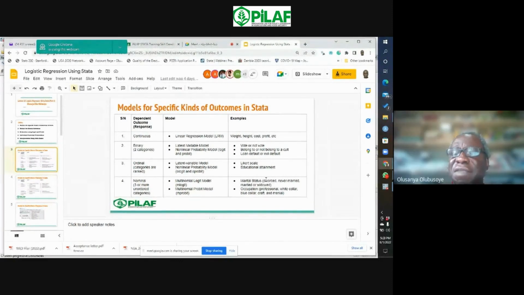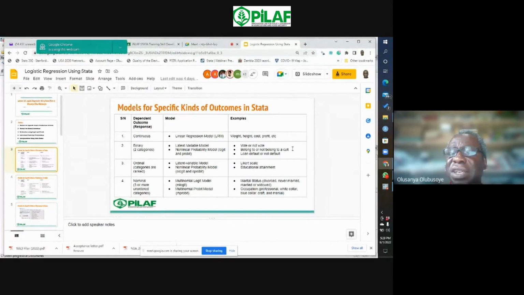For instance, if I'm creating a dummy for divorce, then the variable will be D1. Then I will look at the first case. If that case is divorced, I will assign 1 to that person. If that person is never married or widow, I will assign 0, and so on. Then I create another one for never married.